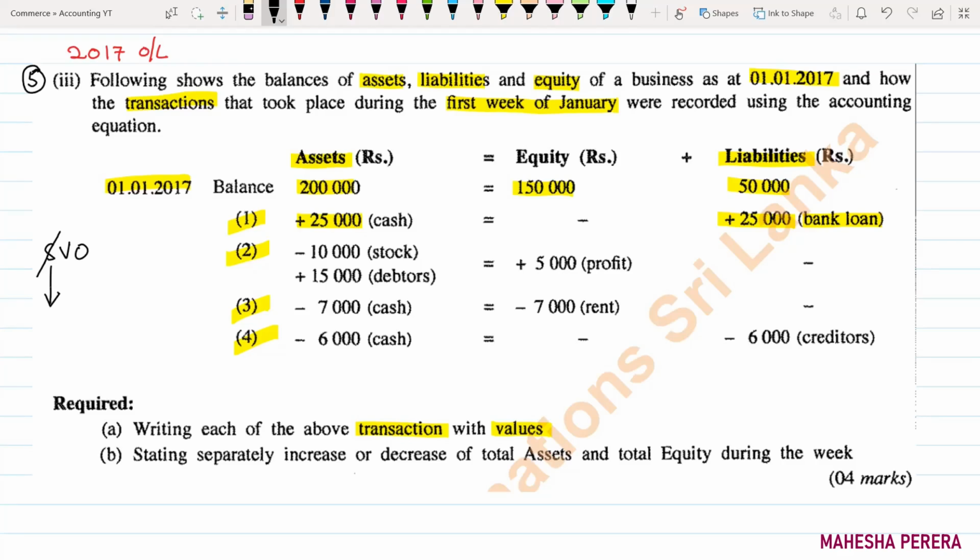Other than that, normally we initiate with the relevant verb. So I normally write in the past tense, or you can write as a noun or by using ing, right? So let's write like this: obtained a bank loan of 25,000 rupees.